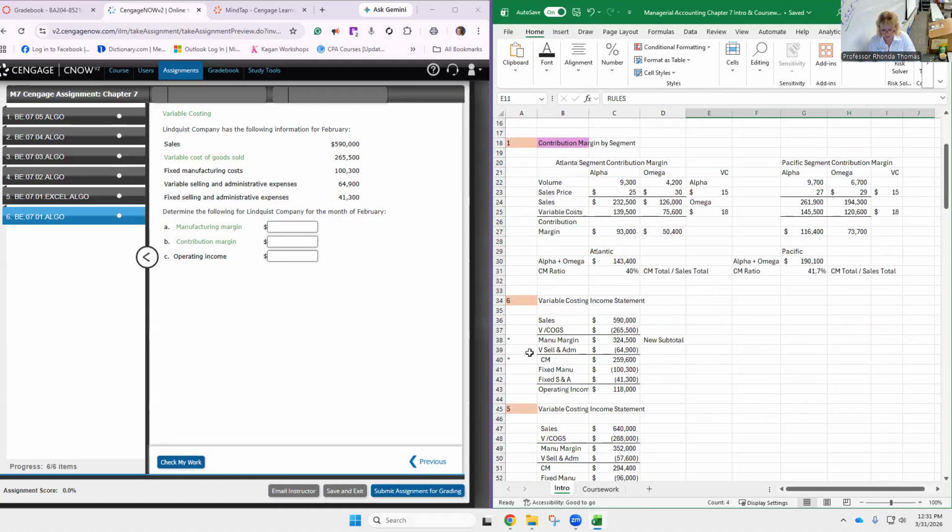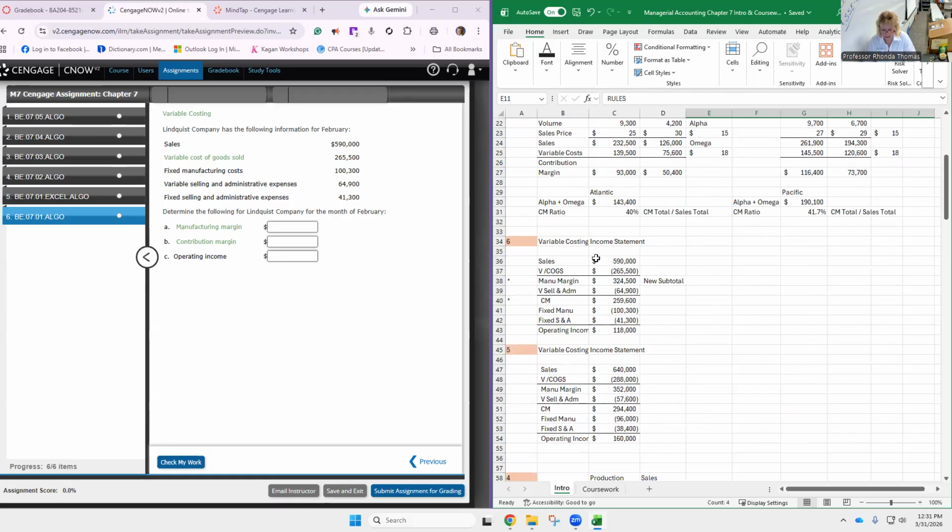All right, so let's go down here to number 6, variable costing income statement. That's what we're going to put together. This is for the month of February. We've got sales of 590,000. We're going to subtract the variable cost of goods sold, 265,500.